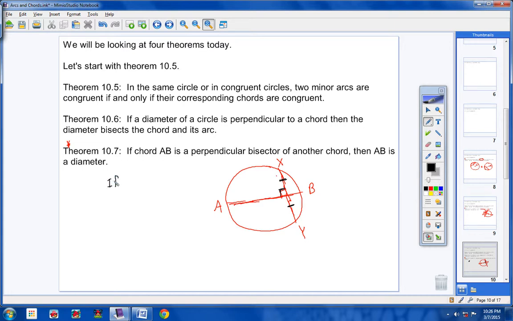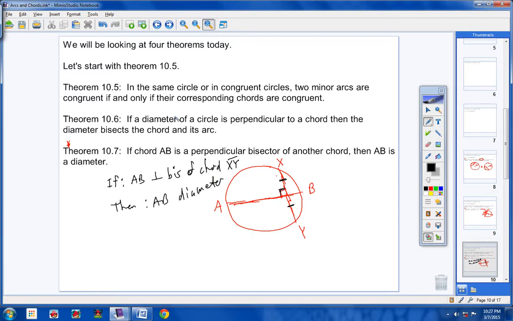So if AB is a perpendicular bisector of chord, it has to be a chord, okay guys? It has to be a chord XY, then AB is the what? Diameter.